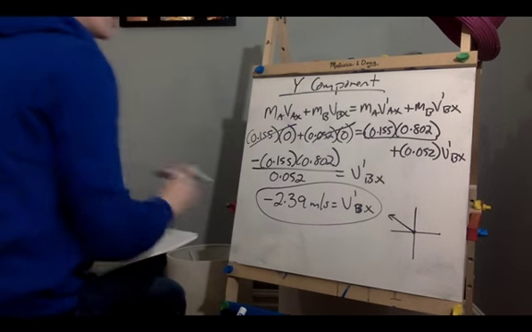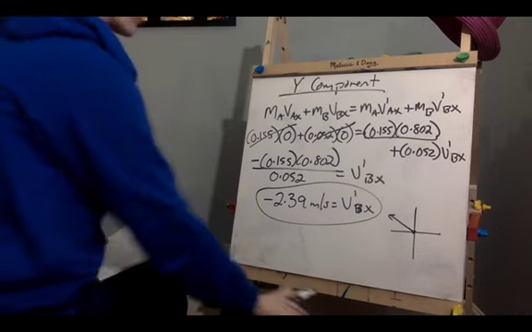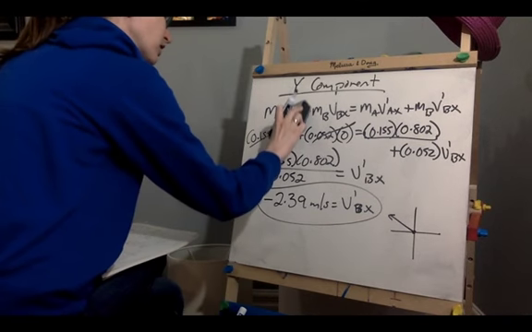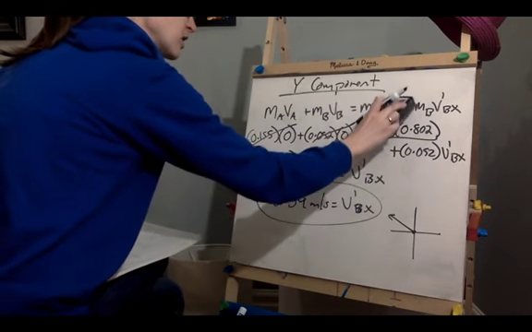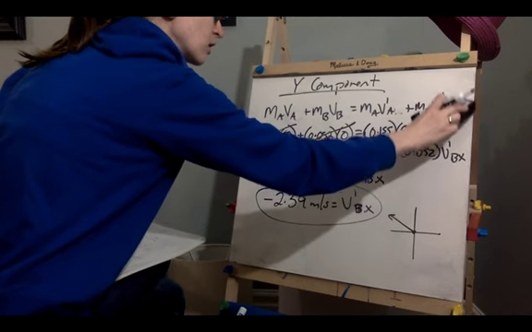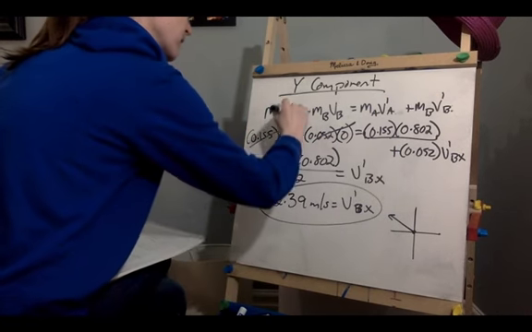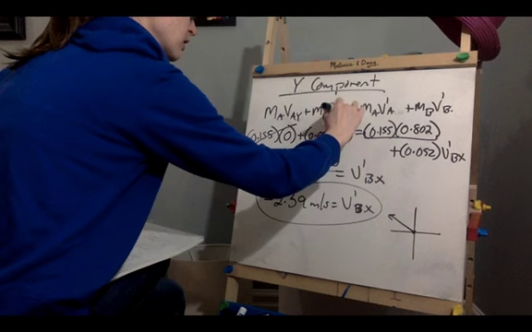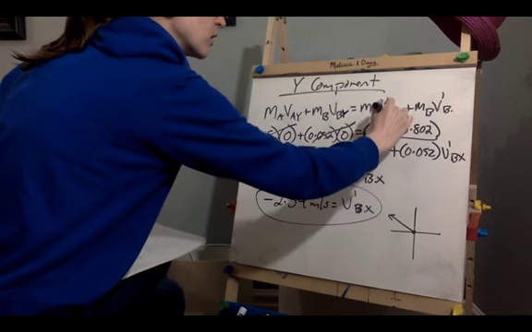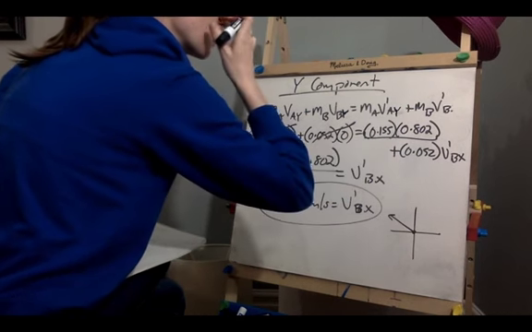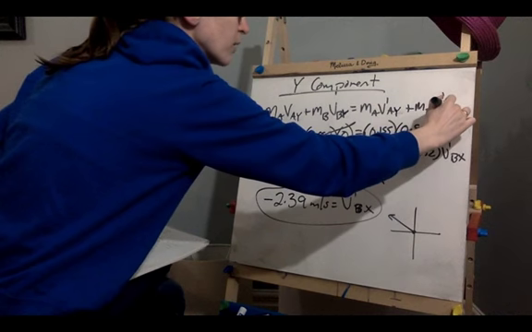So y component, set up the same law of conservation of momentum, except everything that once was an x is now a y. Right? B-A-Y, and B-Y, and B prime A-Y, B prime B-Y.